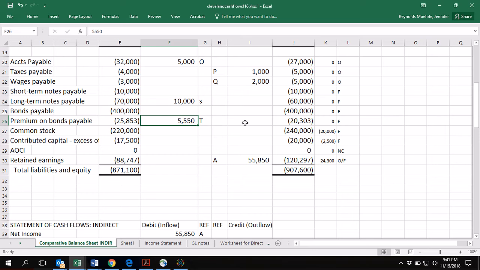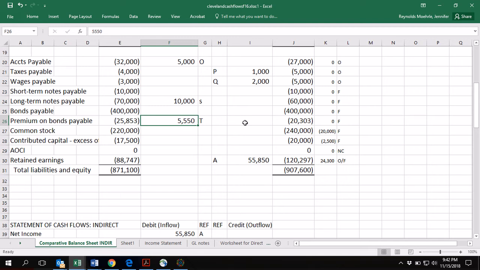If you think about what the entry looked like whenever we recorded premium amortization, the rest of the entry, what surrounded that, it was in the interest expense entries. So we debited interest expense. We always debited the premium if we were the bond issuer, because it was a credit balance, we're trying to make it smaller.